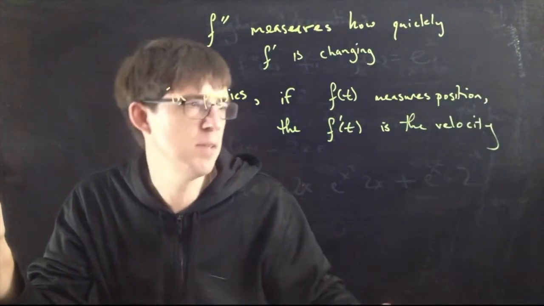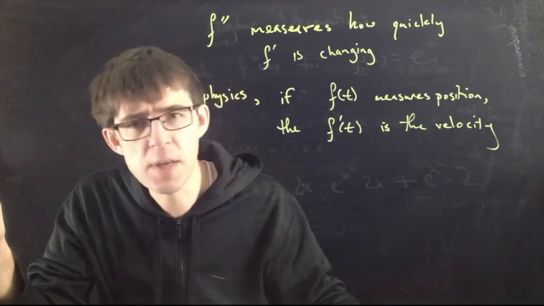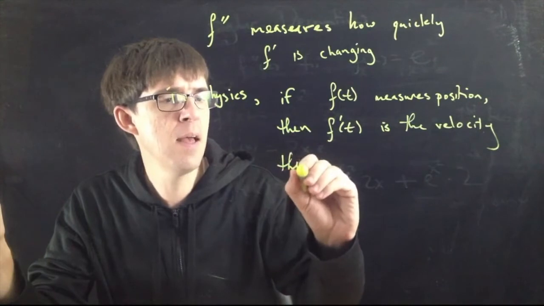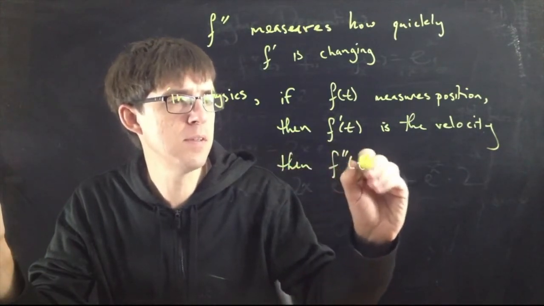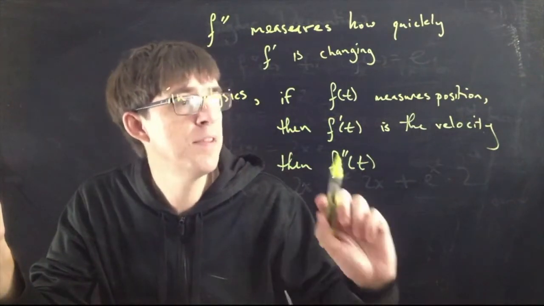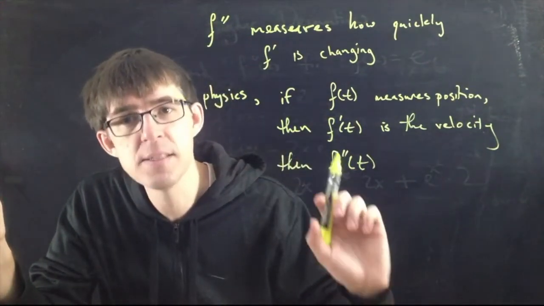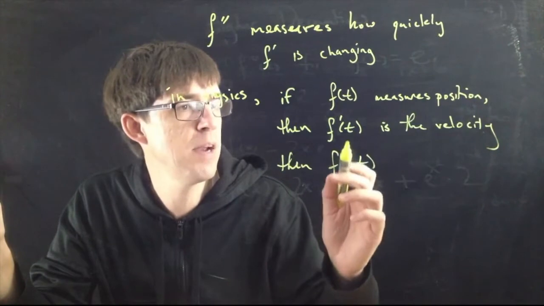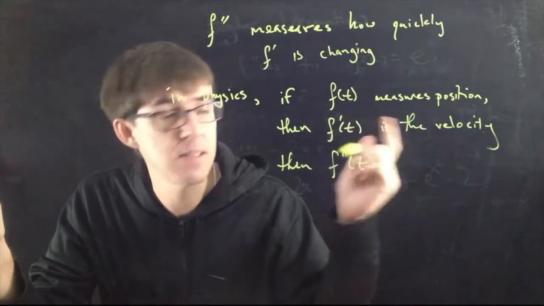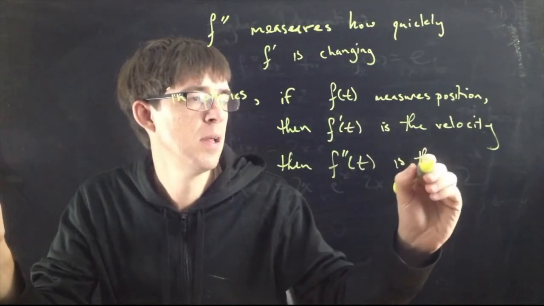That means the velocity, right? The speed of the object. Then f double prime of t, there's a word for this that everybody knows. This is a very common concept. This would mean how fast is the velocity changing, right? It's the rate of change of f prime, but f prime is the velocity. So f double prime is how fast the velocity is changing.